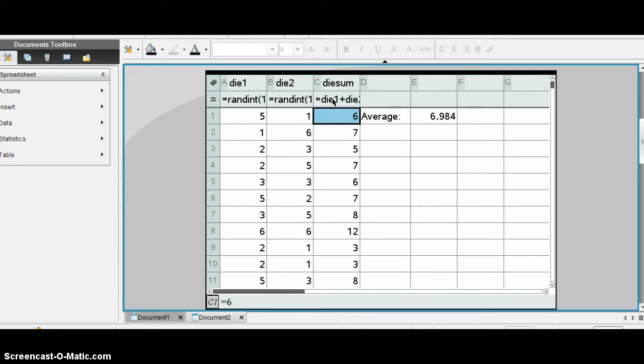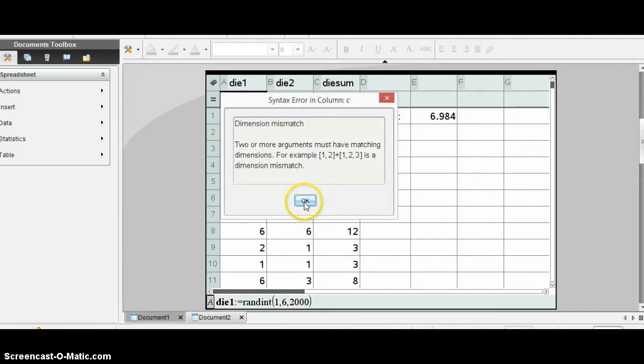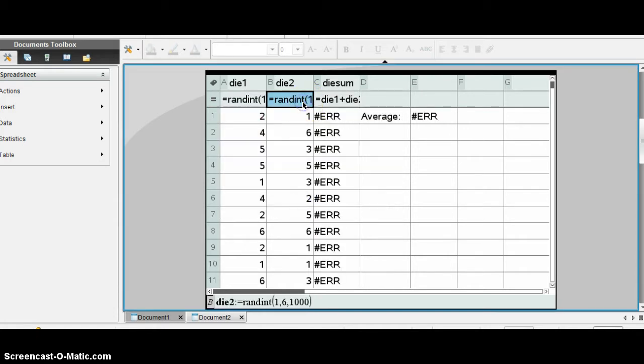6.984. Again, if I increase my trials, so I'm going to say the first die, I'm going to roll that 2,000 times this time. It gives me a syntax error because the third column is adding up 2 columns that are of different length now, but that's where that error comes from. But this is going to go away as soon as I change the second column to the same number of rolls, 2,000.